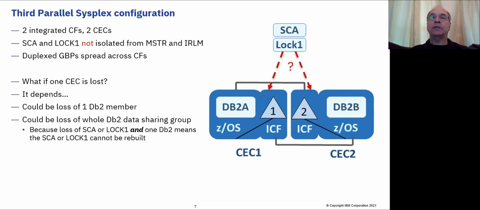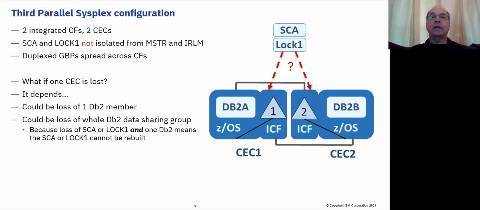And what happens if you lose a CEC? Well, of course, it's standard data processing answer number 1, it depends. You could lose just one member, or you could lose the whole data sharing group. Let's suppose that in both scenarios, we've put the lock and the SCA on CEC1 on the left, and we lose CEC2. Well, in that case, we lose Db2B, and we'll need to restart it to release retained locks, but Db2A can keep running.